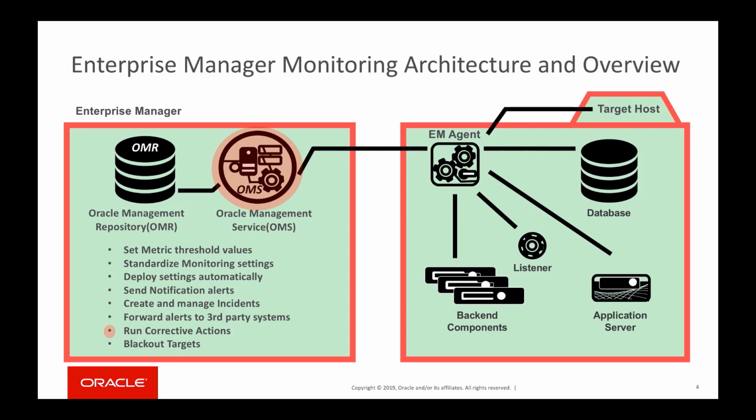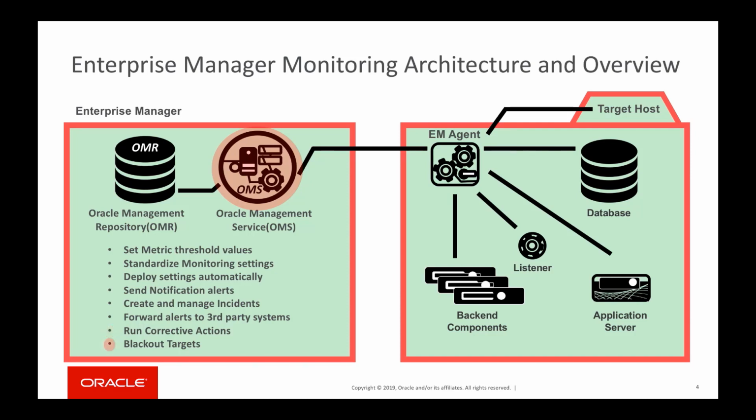Enterprise Manager also allows you to run corrective actions, which automatically start a job that remediates a problem. For example, if you get an alert that the tablespace is full, then you can configure a trigger to run a job that adds more space to the tablespace so that the alert will be closed automatically.